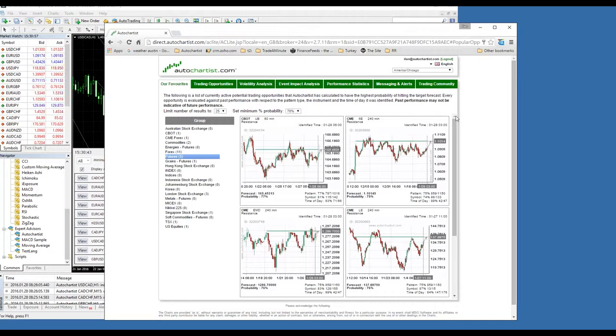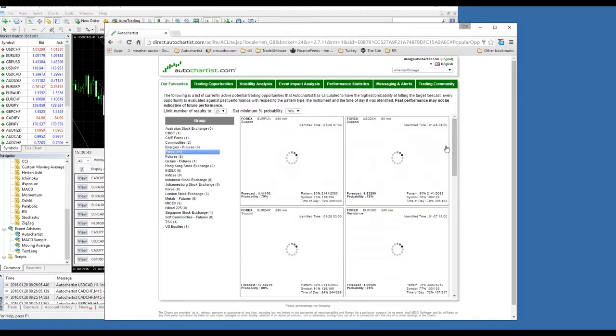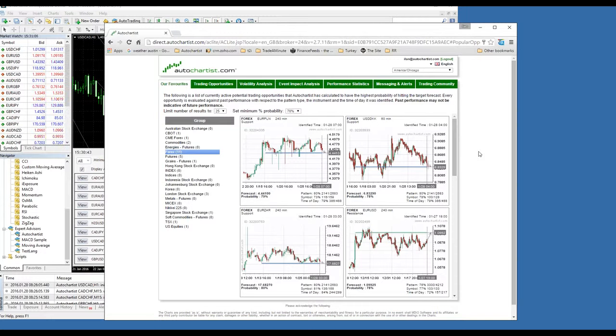We scan down to 15-minute opportunities. However, we find that the 60-minute, 4-hour, and daily opportunities are far more likely to hit their target region, and so they are the ones that get notified about in the Our Favorites section.